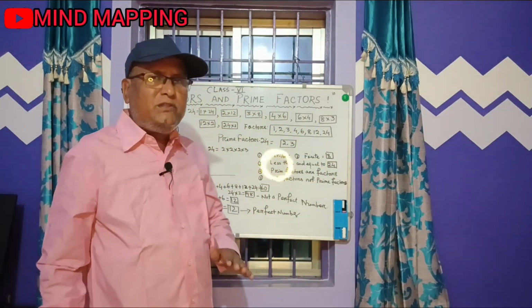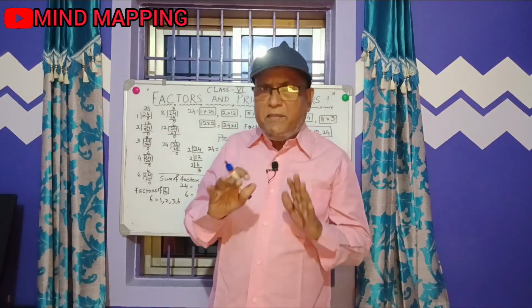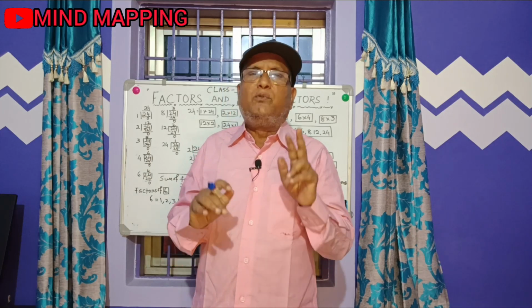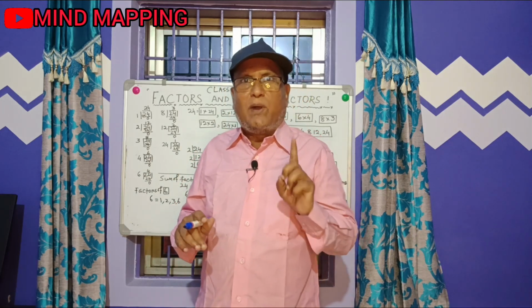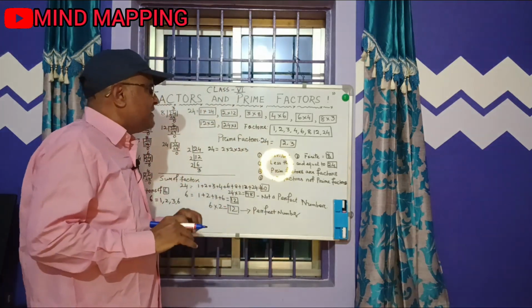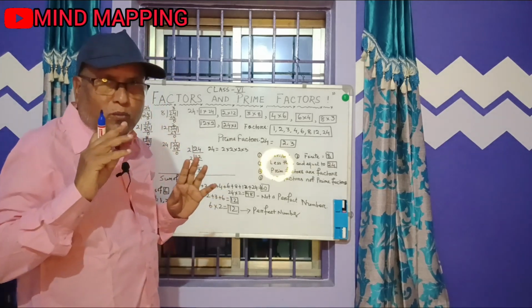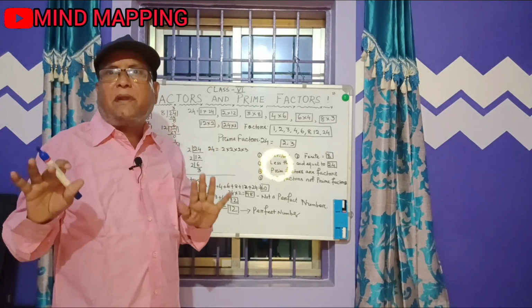But we are confused with prime factors. We know prime numbers have 2 factors: 1 and the number itself. Let us take an example. 1 is not a prime number.